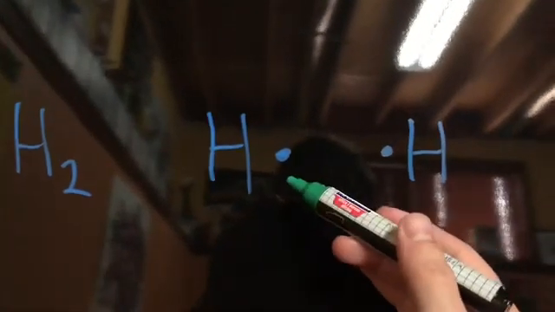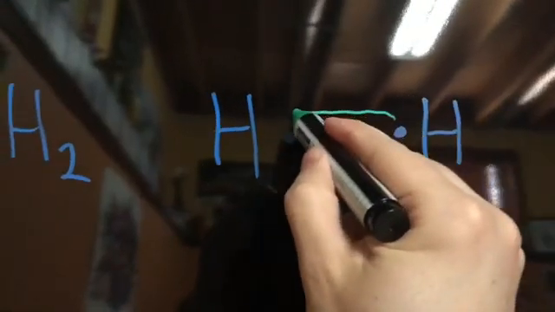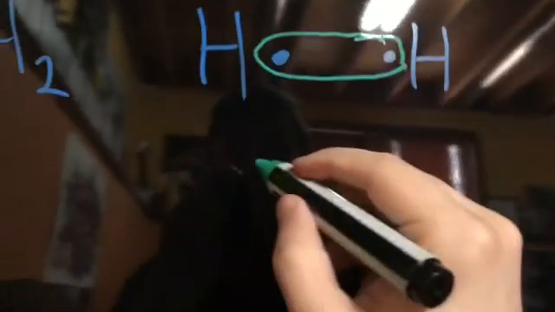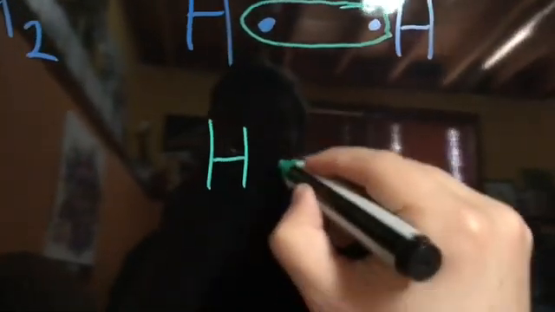So if this one has one and this one has one, instead of one giving to the other one, we can satisfy both of them, and they're going to share their 2 electrons together. So now this hydrogen has 1, 2 electrons, and this hydrogen has 1, 2 electrons. And we can draw that with just a line in between them like that.